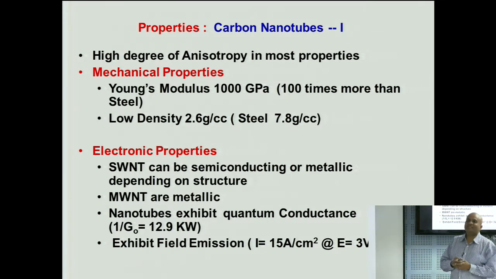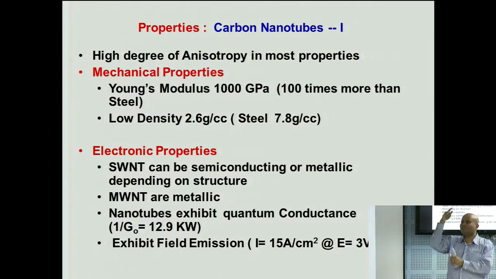Quantum conductance means, you are familiar with Ohm's law, we will have data and we will show you that. They also exhibit what we know as field emission. Field emission means if you have a nanotube like this and you put an electrode on top of it, you put a high voltage on this electrode, then electrons leave the nanotube and jump over onto the other.